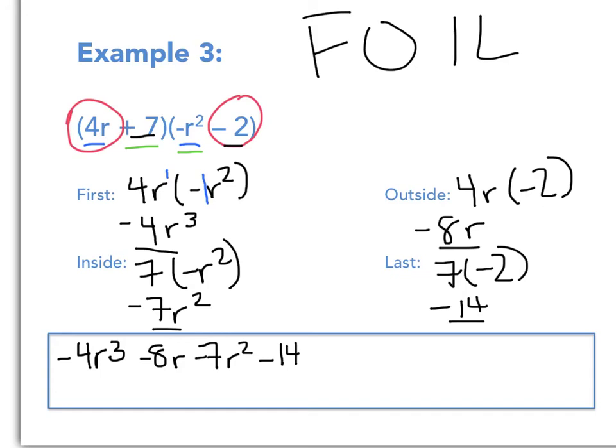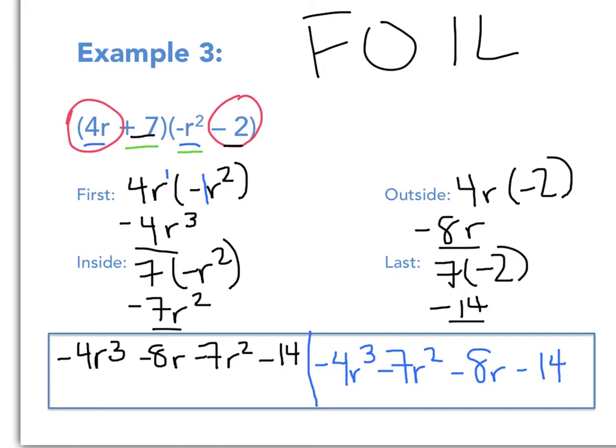So we'll start with my highest degree, which is the third power. So my final answer is going to be negative 4r cubed minus 7r squared minus 8r minus 14. And this would have changed if I had any like terms to combine, but since I didn't, we can just leave it at this in order of decreasing exponent.